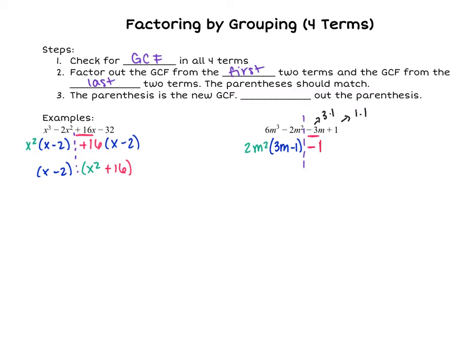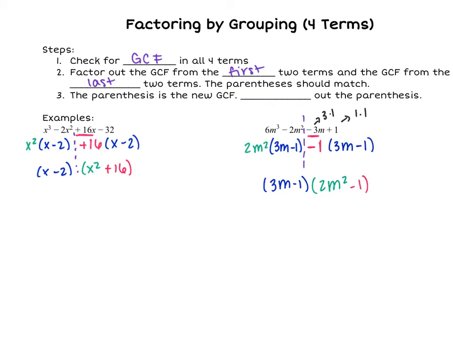Then we are left over with 3m minus 1 because we factored out a negative 1, not just a 1. So when there's no other greatest common factor, we would just say 1. To finish off the problem, we say 3m minus 1 is my new greatest common factor, and we are left over with 2m squared minus 1.